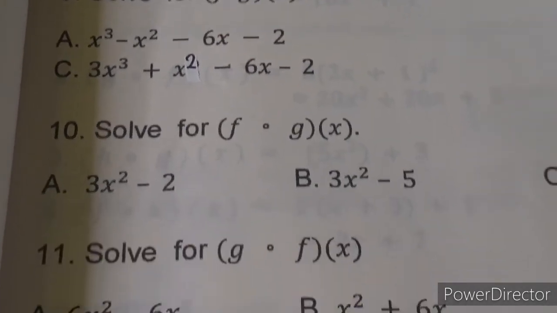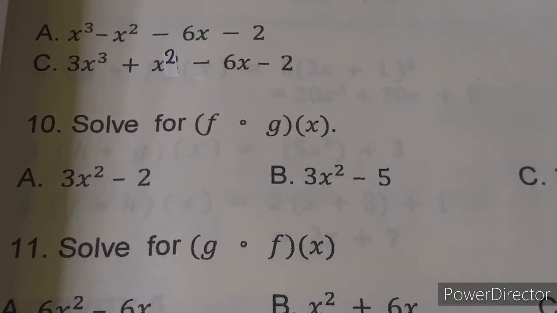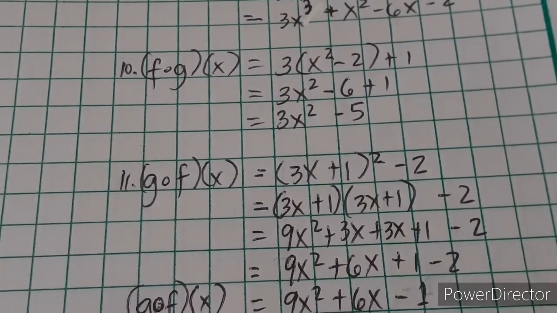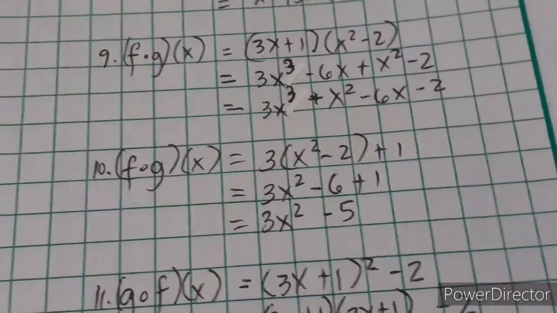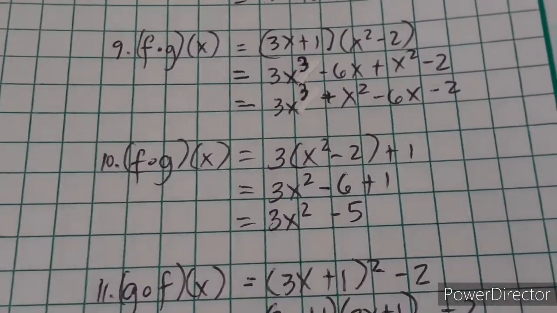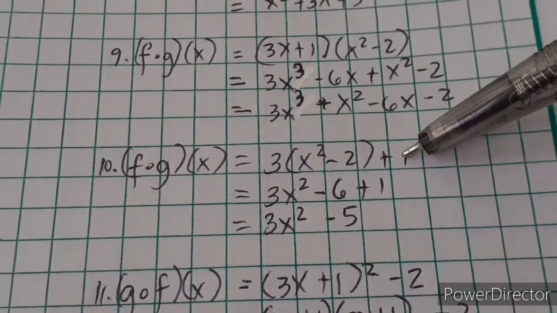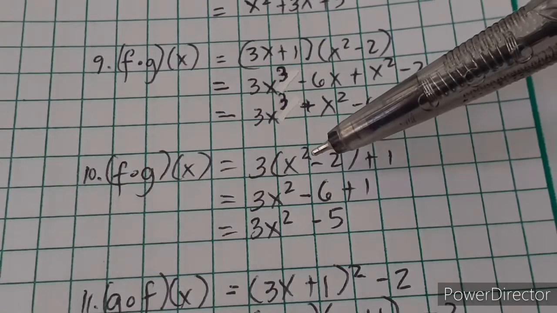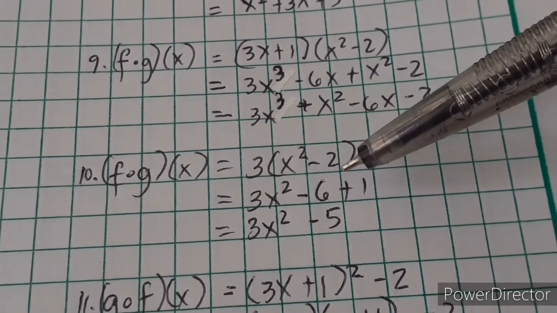For number 10, you are asked to do the composition of f of g of x. Instead of writing x in 3x plus 1, we write g of x, which is x squared minus 2.